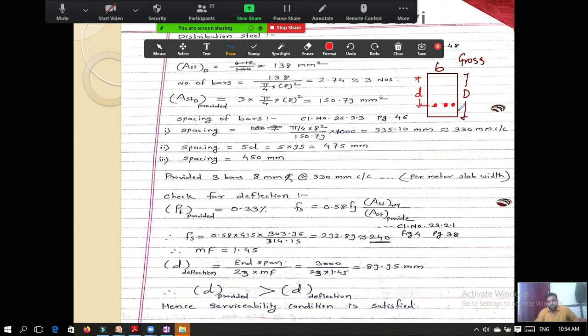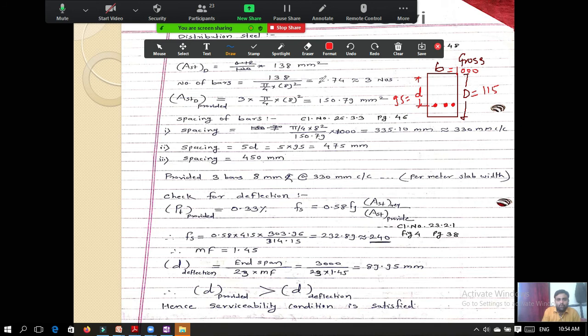Now here, for Ast distribution provided, we take the total cross-sectional area, that is B is 1000, and D is, what is our total D? Total D is 115 and small d is 95. So 0.12 by 100 into 1000 into 115.